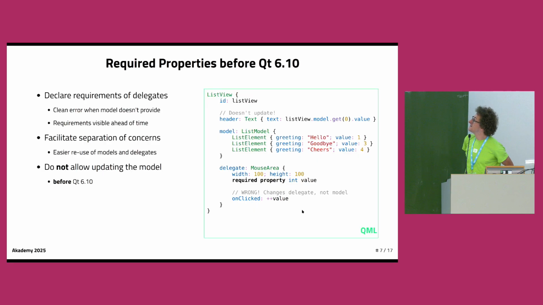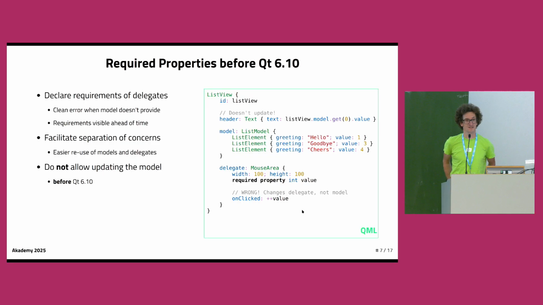Because what happens there is, if you write to our nice value property of the delegate, it does not actually change the model. No. What it does is it breaks the binding from the model to the delegate. So now you have a local value property that you can increment as much as you like with your mouse area.